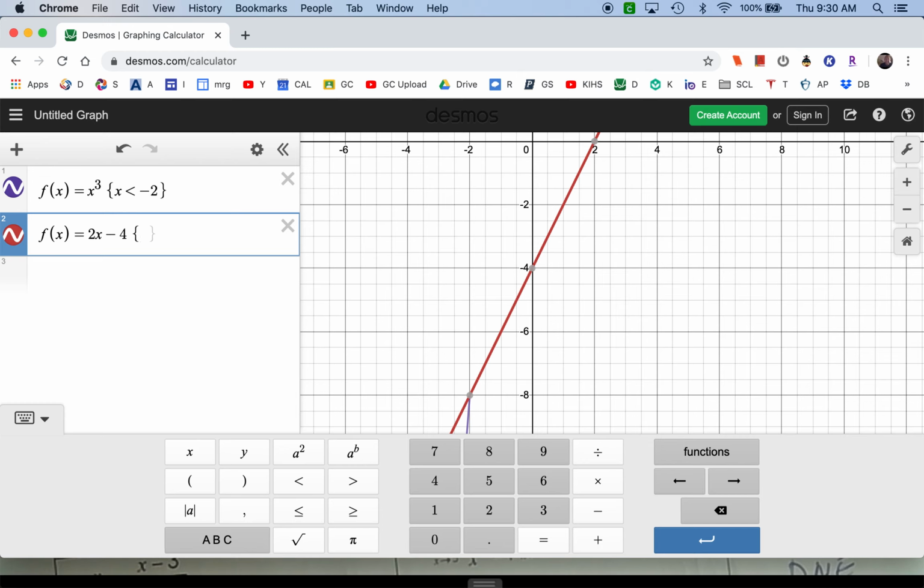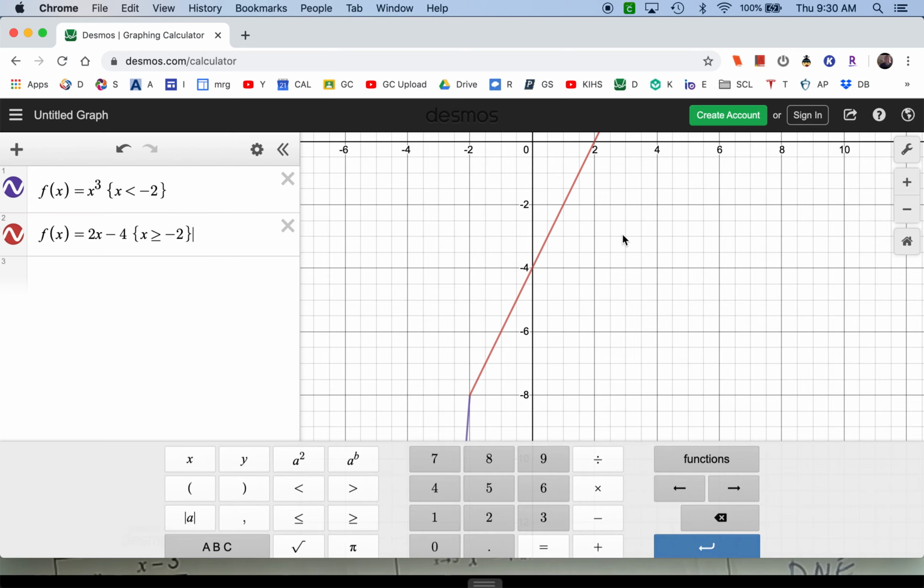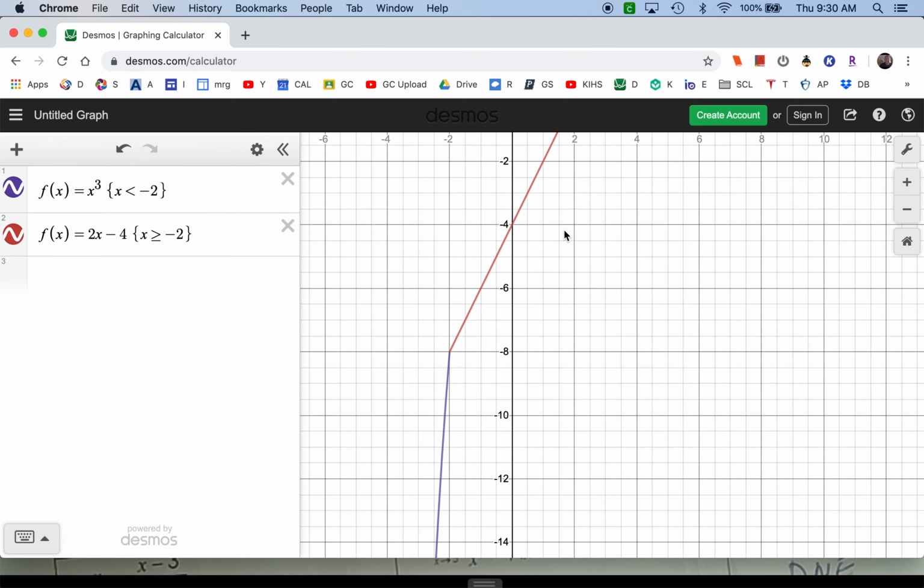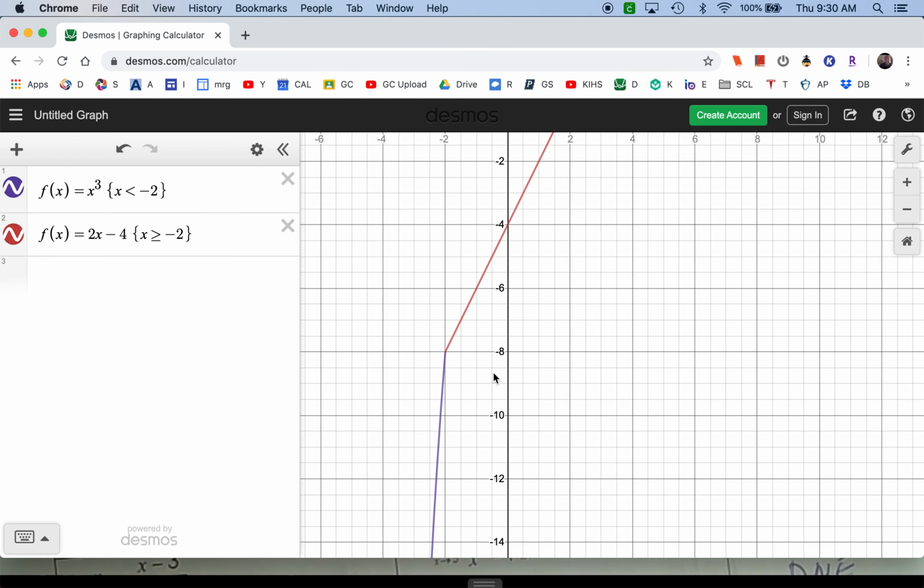But this is for when x is greater than or equal to -2. And the greater than or equal to button is right there on the Desmos keyboard. And then use the fancy parentheses. So if you type it in the way I type it in, I want you to see the graph that's created. So this is a piecewise. One piece is the purple and the other piece is the red, and they connect to make the graph. And then it says what's happening at -2.